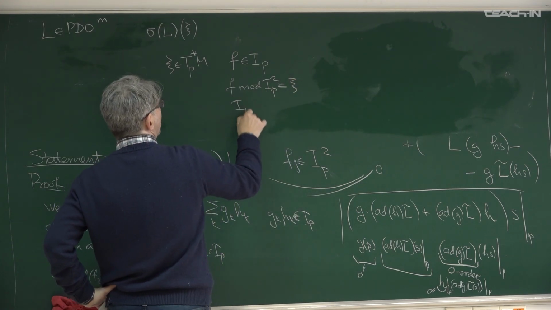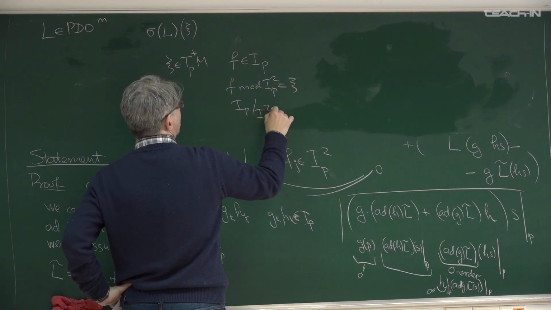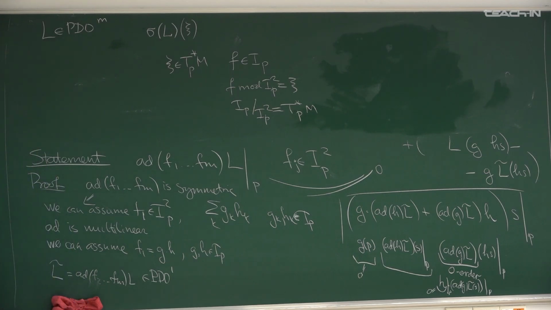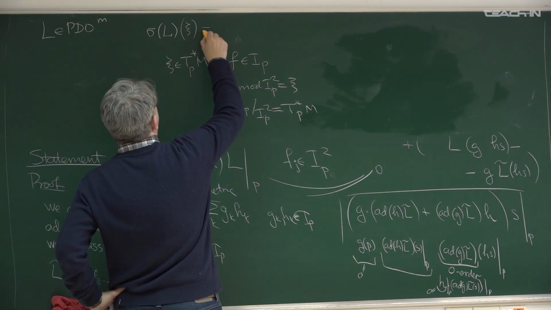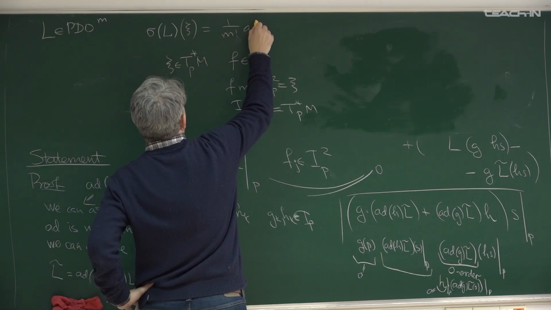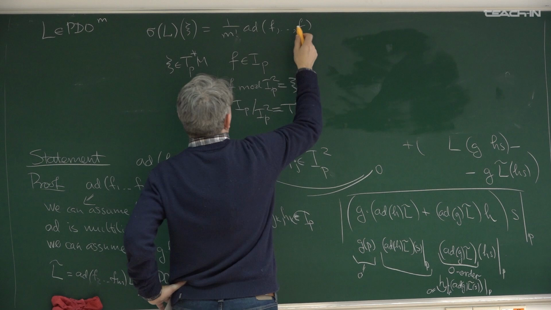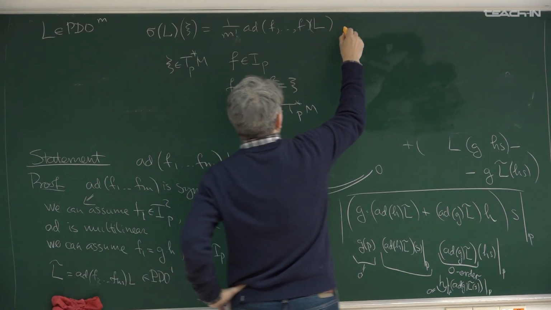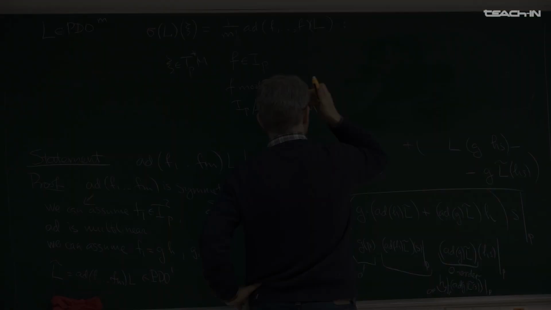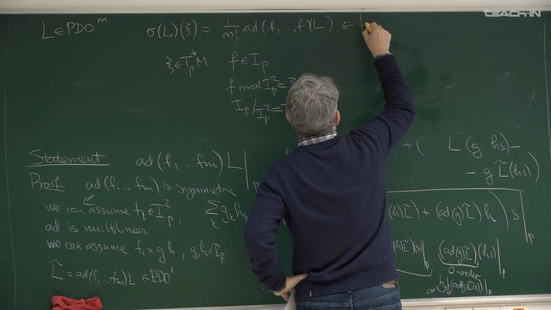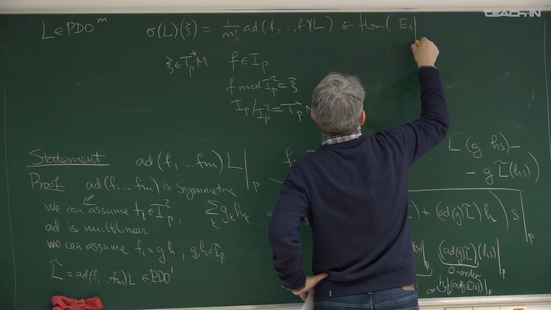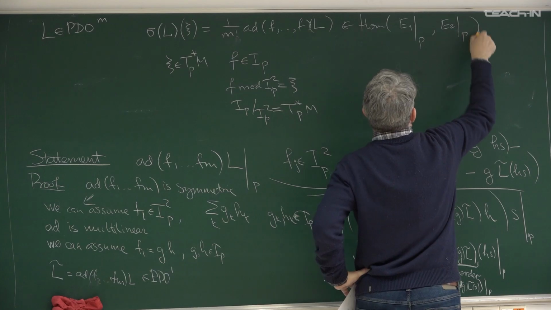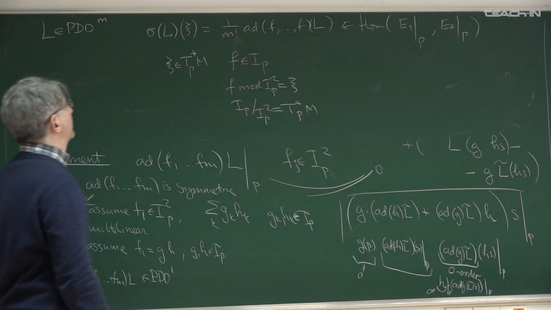We proved the isomorphism that this is the same as the cotangent space at the point P. What we are doing now, we take 1 over m factorial, repeat f m times, then apply the operator L. And this will be an element of hom from the fiber at the point P of the first bundle to the fiber over point P of the second bundle.